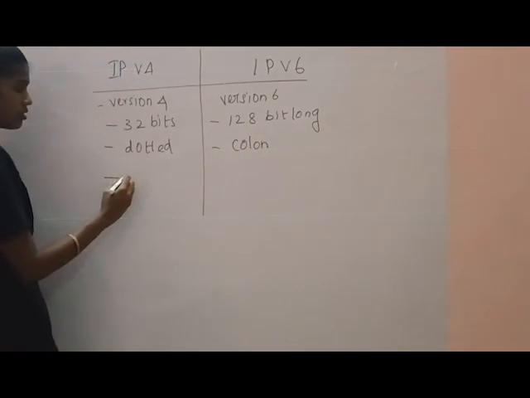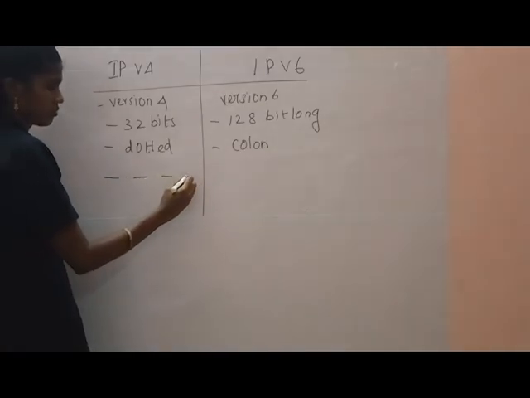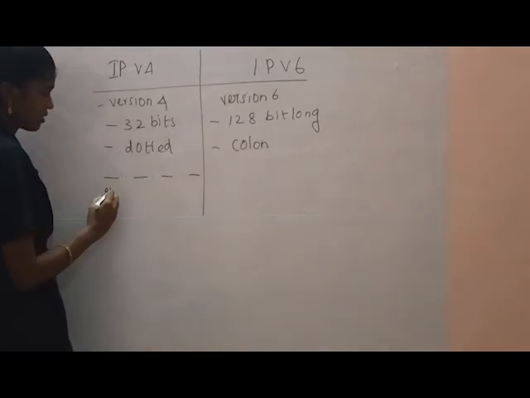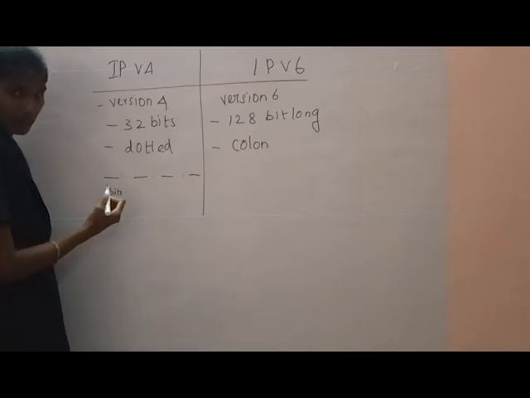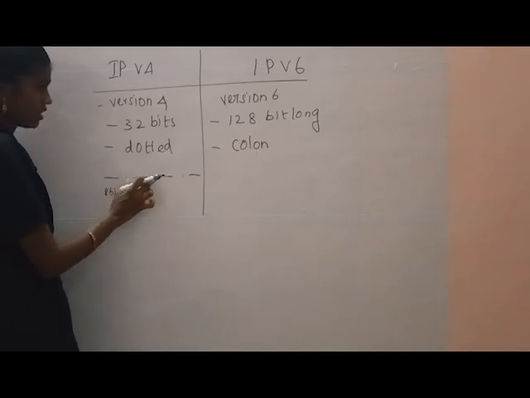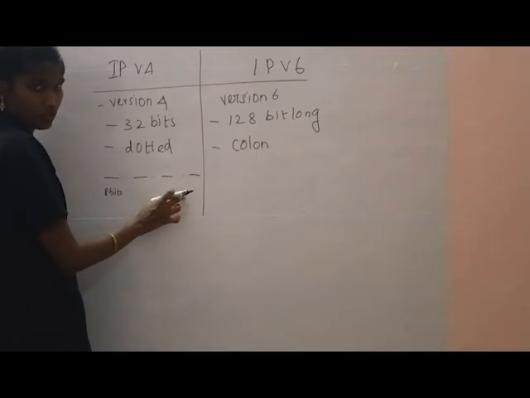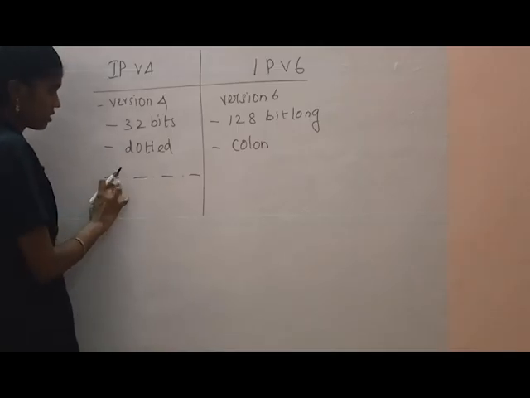An example for this is, each group has 8 bits, that is 8, 8, 8, 8, 4 eights are 32. 32 bits together form an IP address. This one group alone is called 8 bit.